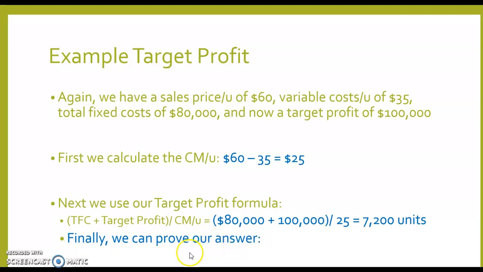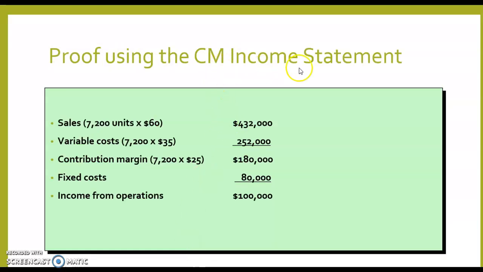We can prove that by doing a contribution margin income statement. We have our sales. We're going to use the 7,200 units we just calculated times $60 a piece. That's the sales price per unit, 432,000. Variable costs, the 7,200 units we just calculated times $35, which is the variable cost per unit. That's 252,000. 432,000 sales minus 252,000 variable costs equals 180,000 for contribution margin.